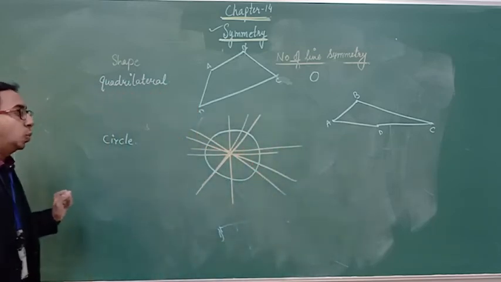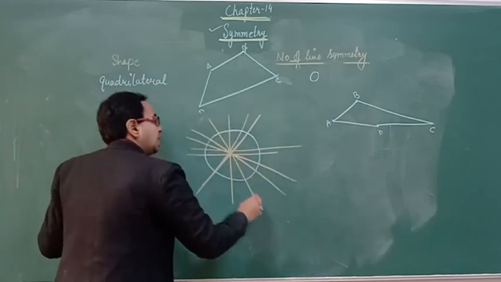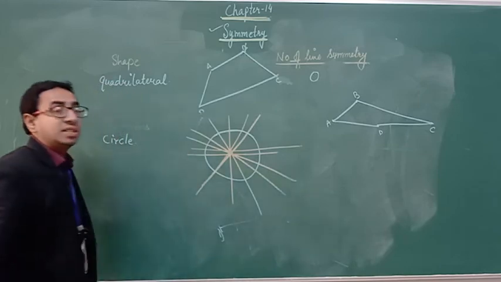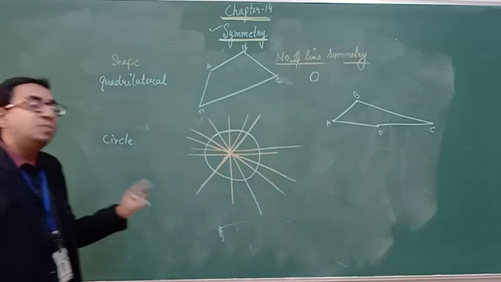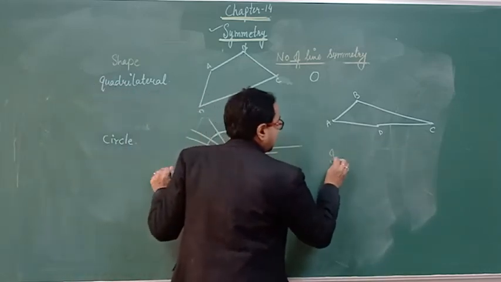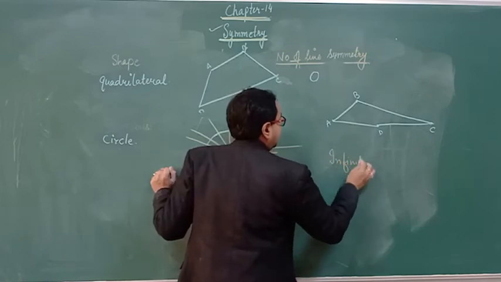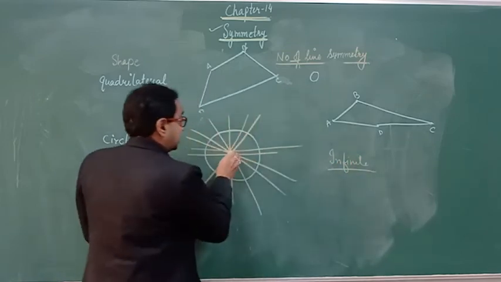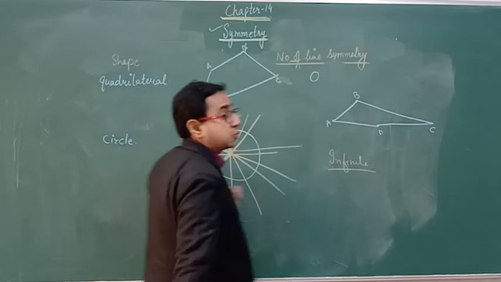If I pass a line through the center, it is always symmetric. Hence, a circle has infinite lines of symmetry. And this line always passes through the center, most important.